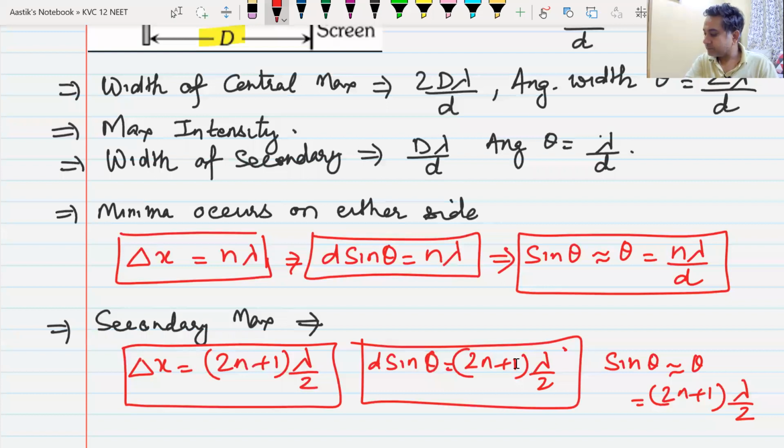Well done. Then this is a small summary of the difference between interference and diffraction. First understand them, then I'll give you enough time to note them down. Remember, this is the summary of your entire chapter in one column.